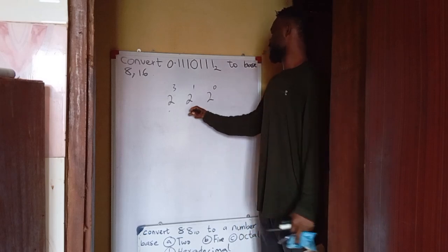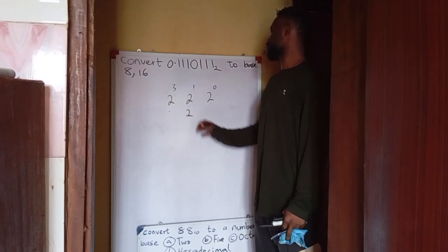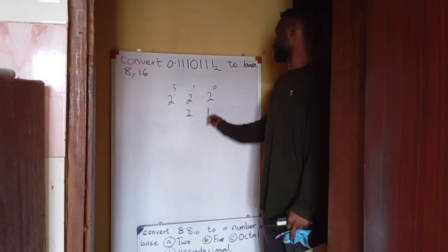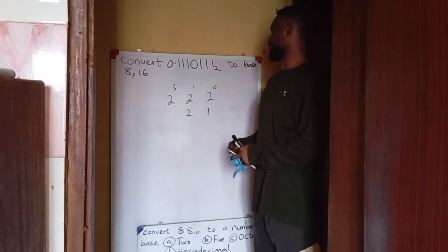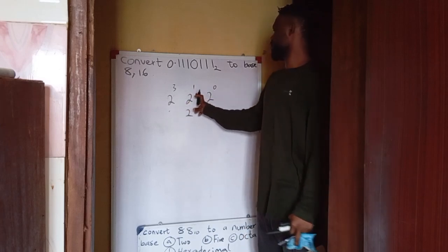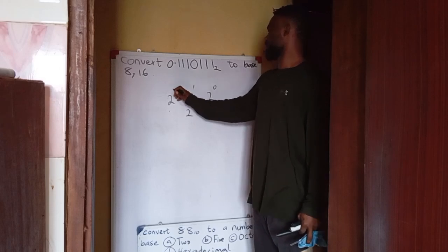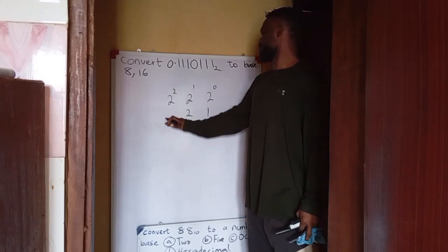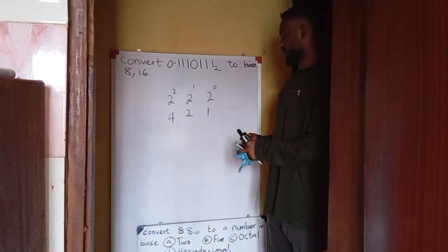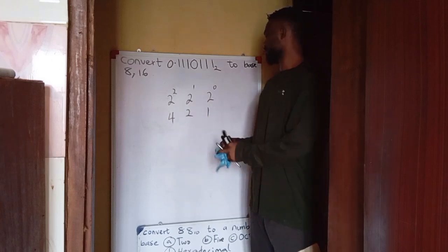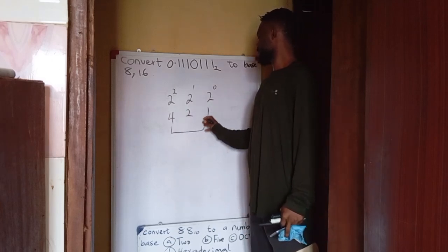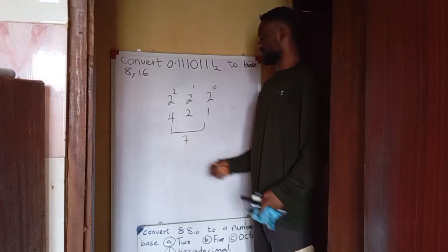But let's do it this way. This is going to be 2, this is going to be 1, and the next one, raised to power 2, is going to give me 4. That means 1 plus 2 plus 4 is 7.